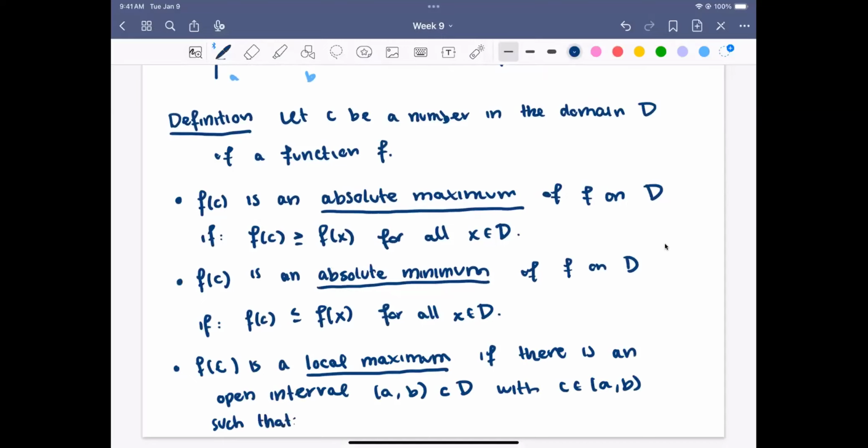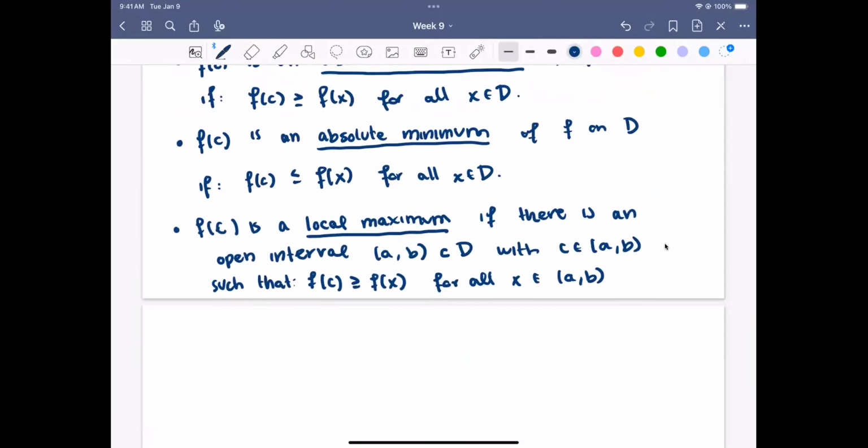And we want to see that f of C is the largest value that f attains on that interval. So here's how I would write that. F of C is greater than or equal to f of x for all x's in the interval A to B.